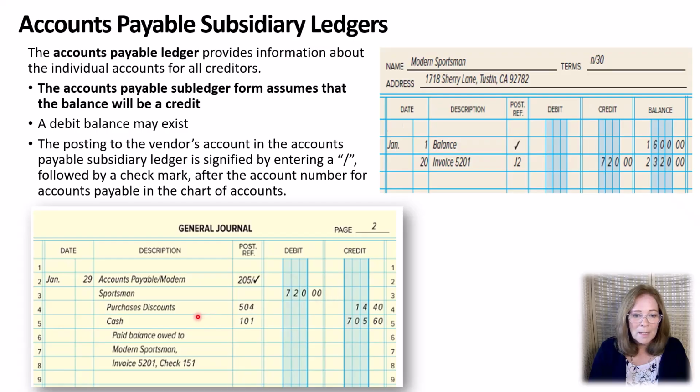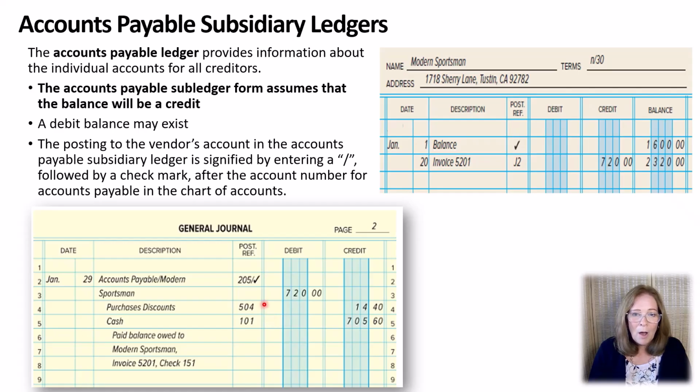In the next line, we slightly indent and credit Purchases Discounts for $14.40 and write the post ref of 504, and then credit Cash on the next line for $705.60 and write the posting reference 101.